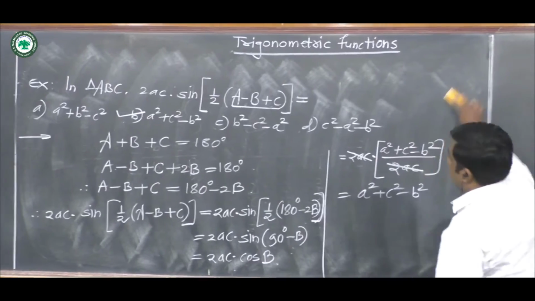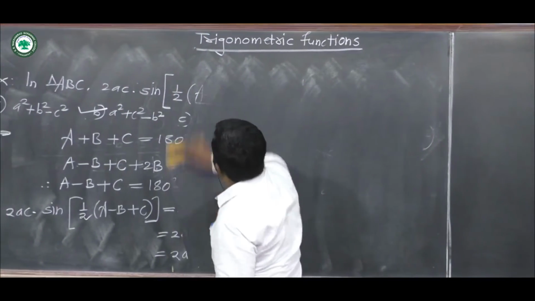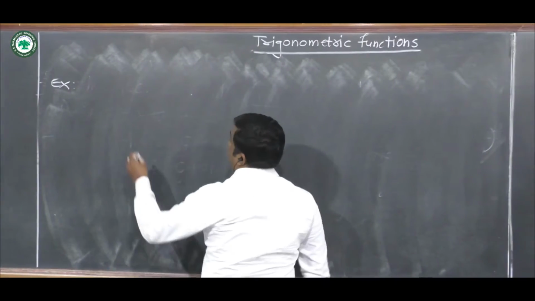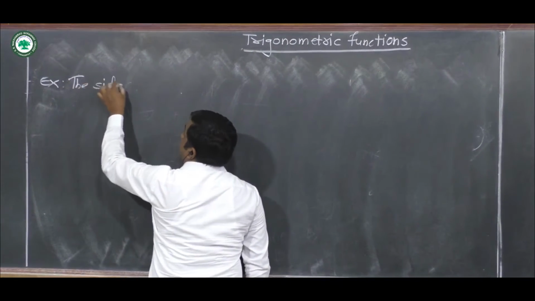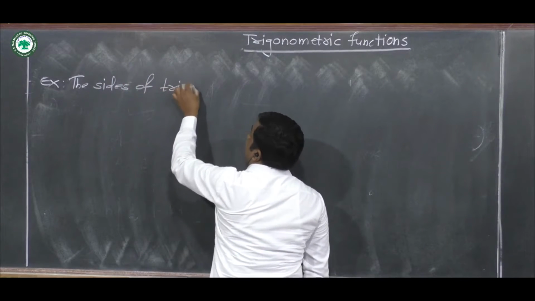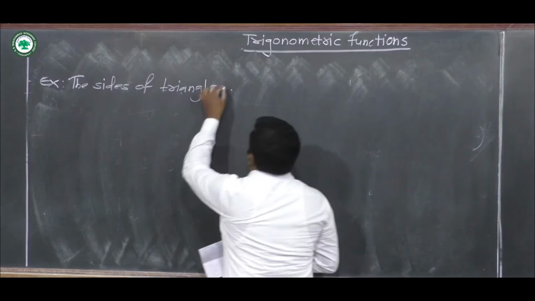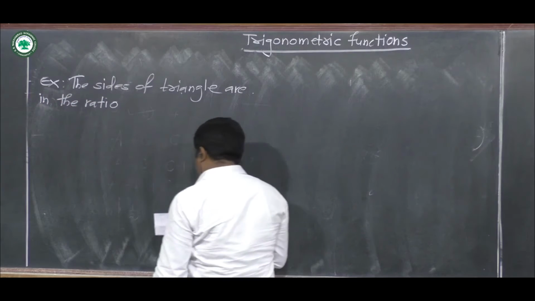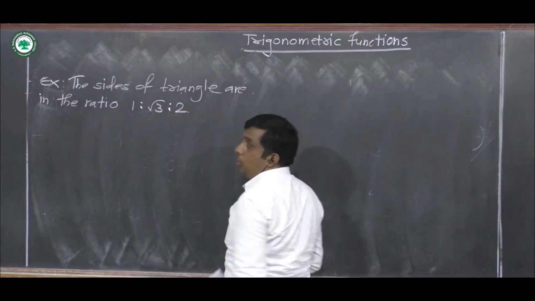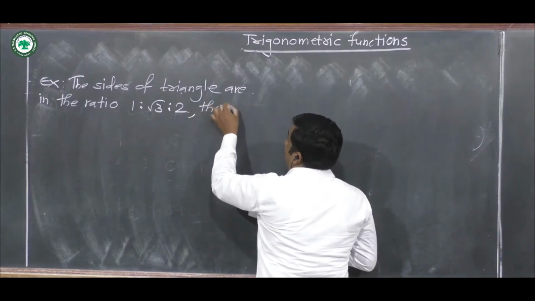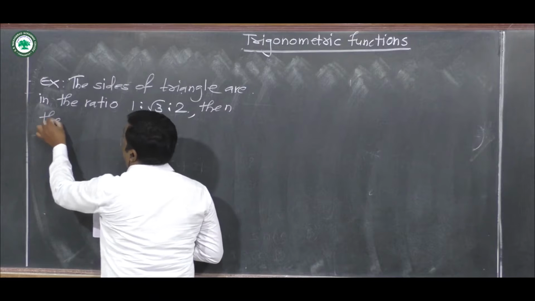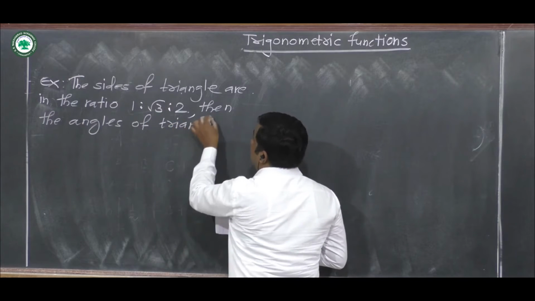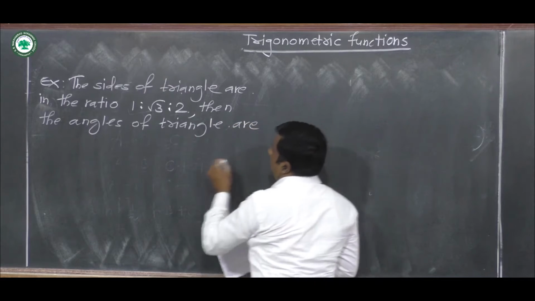In next, given the sides of a triangle are in the ratio 1 as to root 3 as to 2, then the angles of triangle are in ratio.